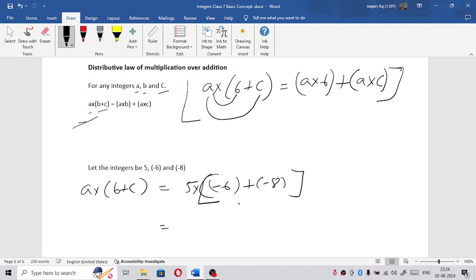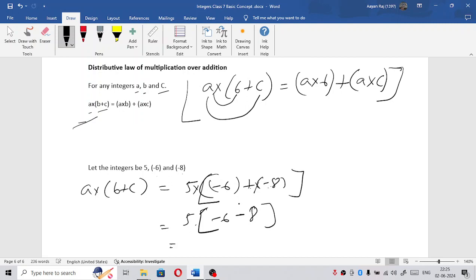Now we will solve this: 5 into, we may not write it, it is assumed to be into, (minus 6 plus into minus). If you see, this is also multiplication, plus and minus becomes minus, so we will write plus minus, change it to minus, and we'll write here 8.